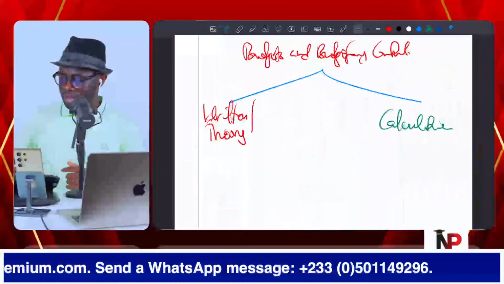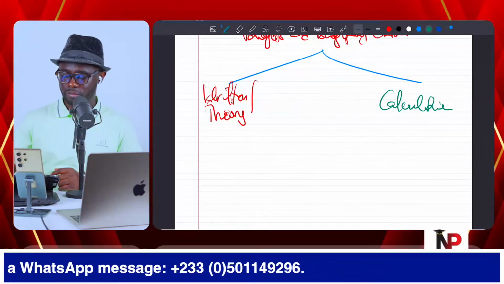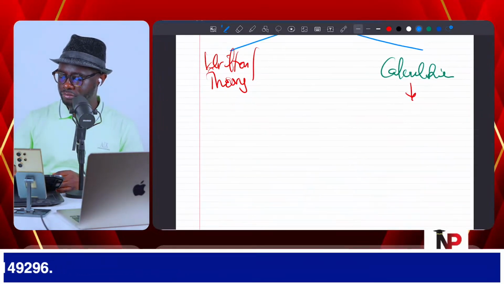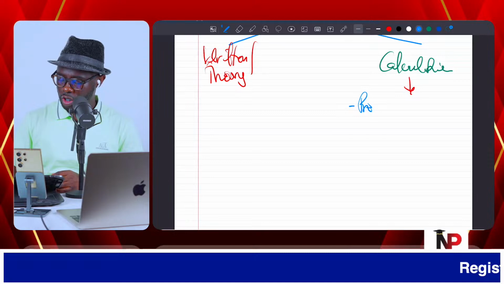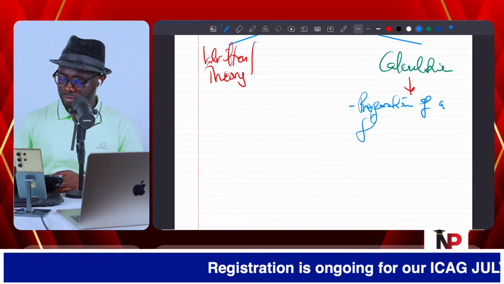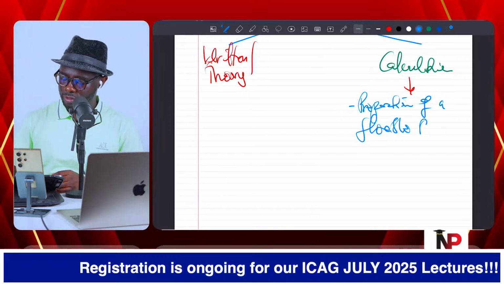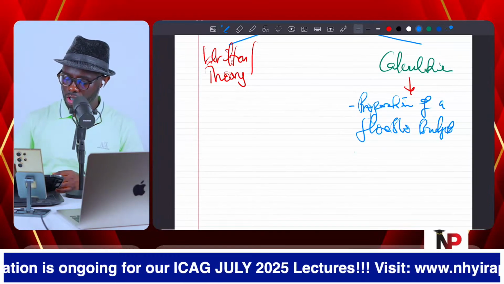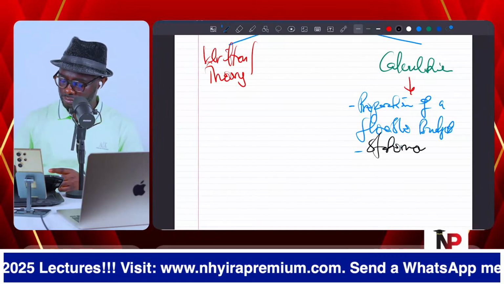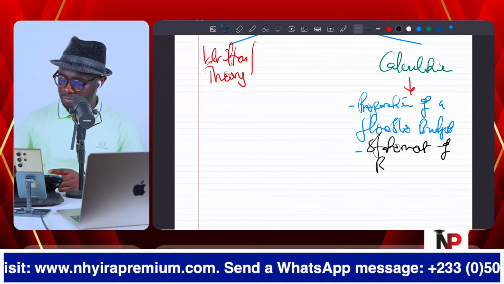The breakdown is that we could have calculation. Now, the calculation has to do with preparation of a flexible budget. All right? A flexible budget. Or preparation of statement of budget performance.